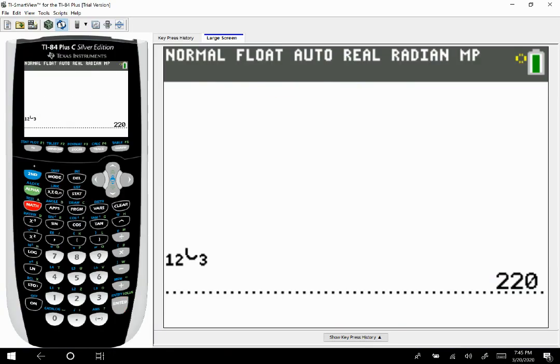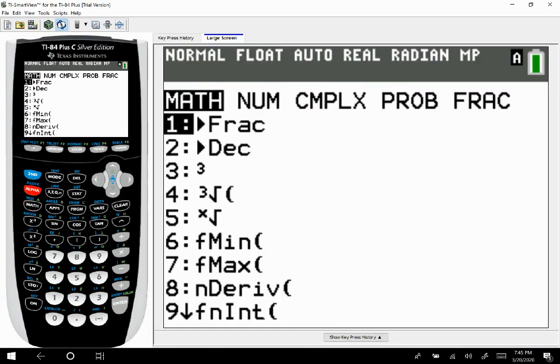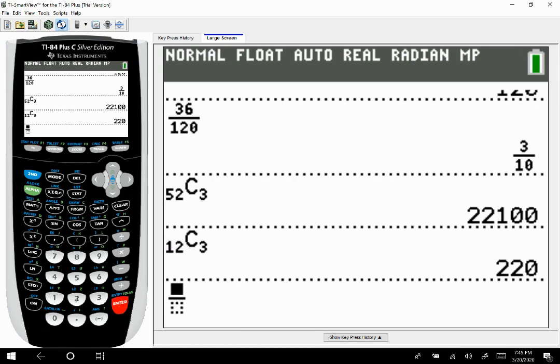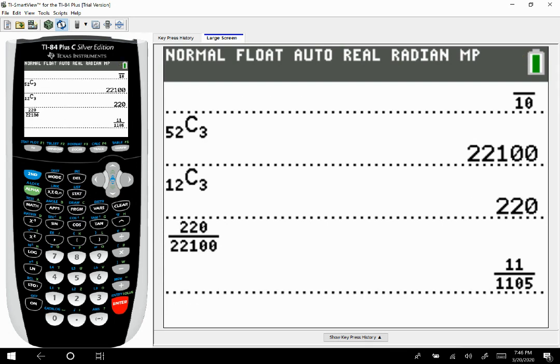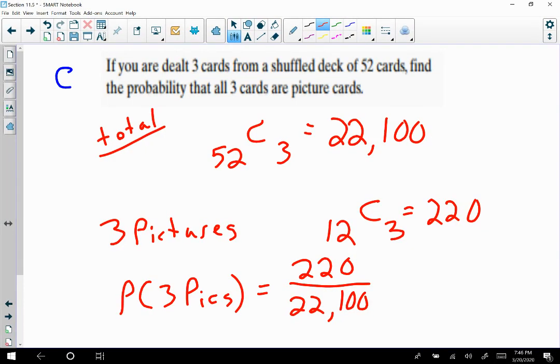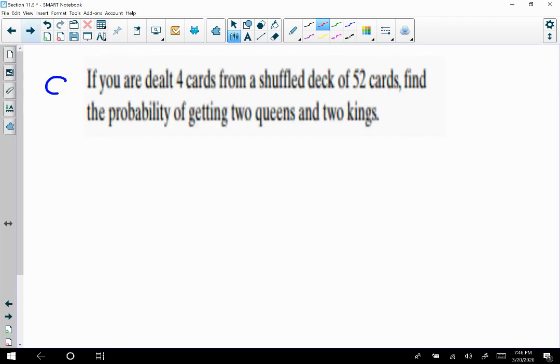So alpha y equals 220 all over 22,100. Enter. So 11 over 1,105. There's your probability. Yay! Last problem, and we did it.